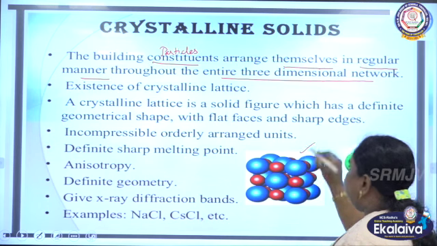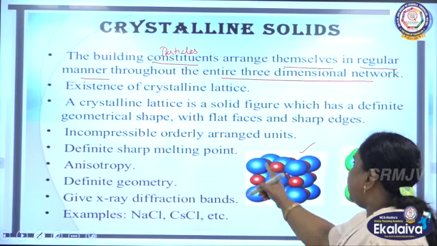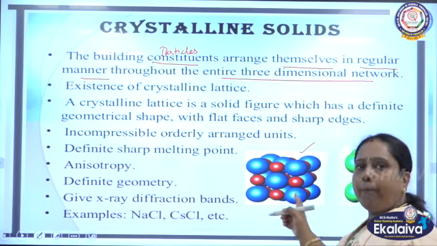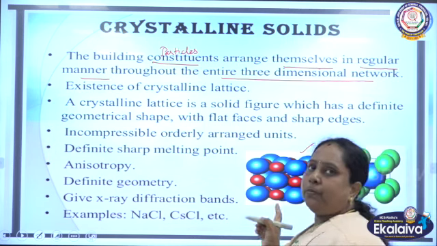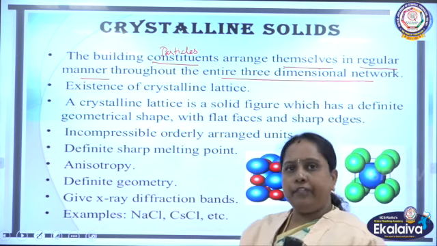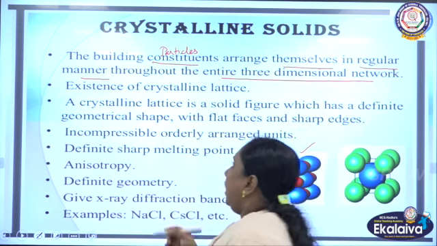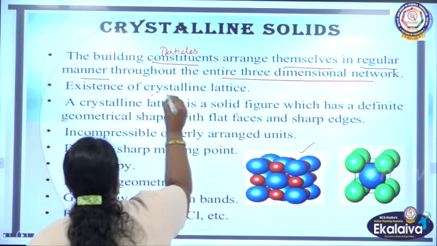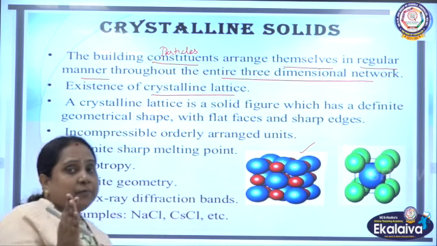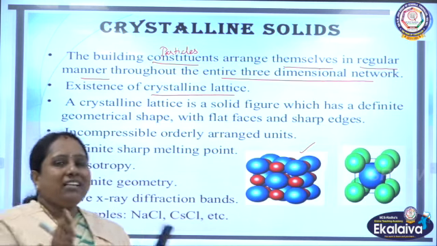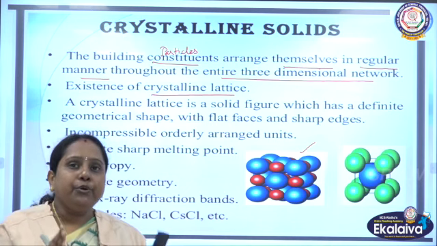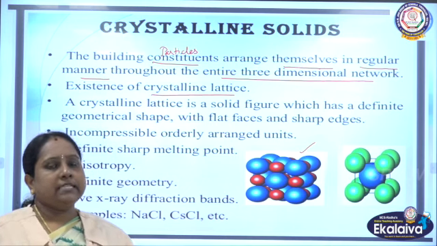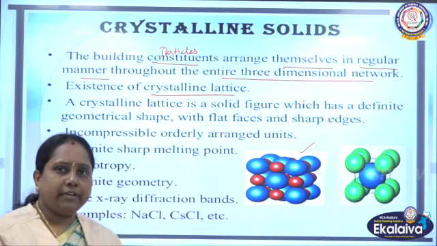So this is an example of a crystalline solid where the particles are aligned properly and regularly. And then the regular arrangement will give the proper geometry of that particular crystal. And in the existence of a crystalline lattice, the lattice will be maintained. Now, let us check what we mean by lattice. It is nothing but the unit cell with a definite geometrical shape.